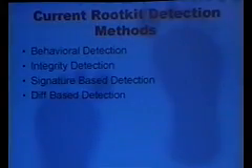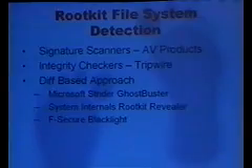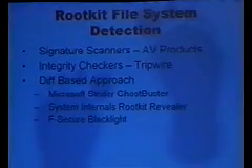So there are several different methodologies to detect a rootkit. There's behavioral detection, integrity detection, signature-based, and more recently there's diff-based detection. Here are some examples of these different methods in use. Signatures are basically AV scanners. For integrity checkers, an example is Tripwire.